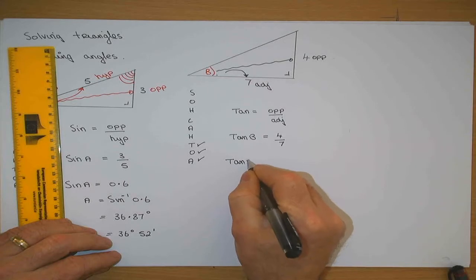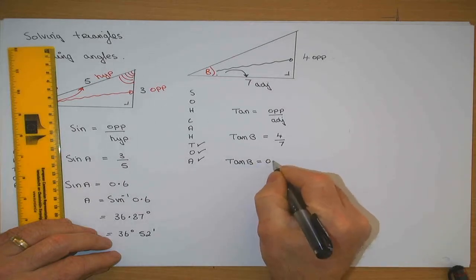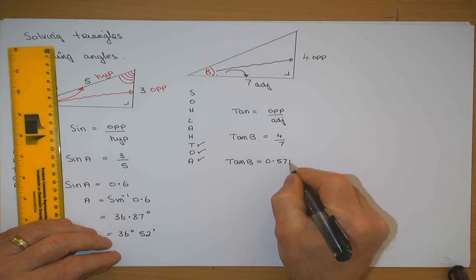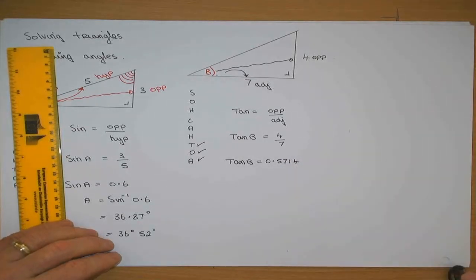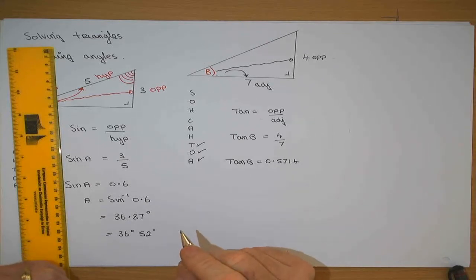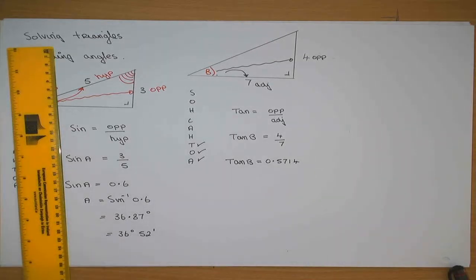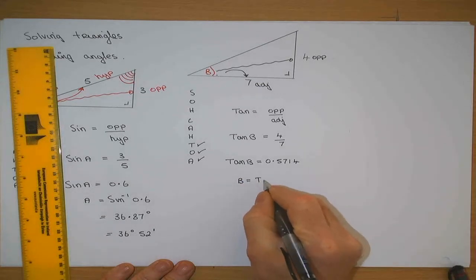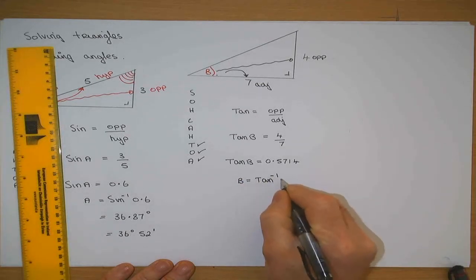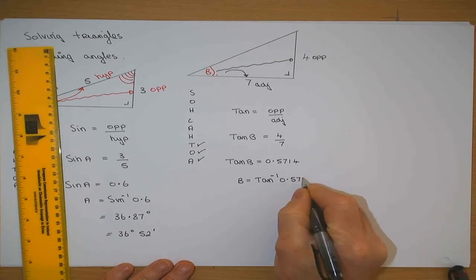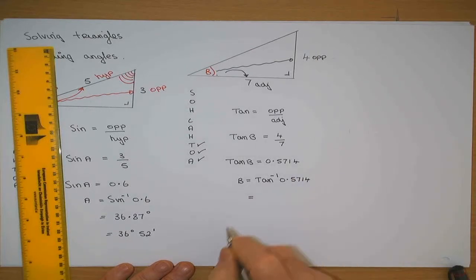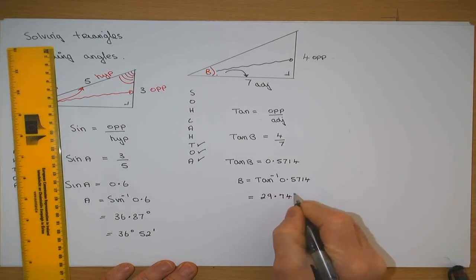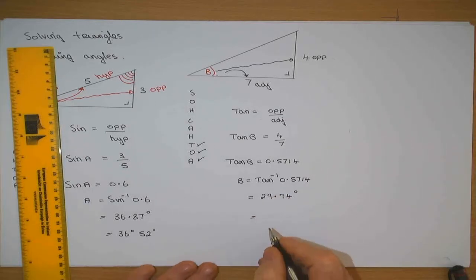The tan of the angle B is equal to 0.5714. 4 decimal places always for an angle, unless it divides evenly before that. Then how do you get the angle B? It's the tan inverse of 0.5714, which is 29.74 degrees. And put that into degrees and minutes.